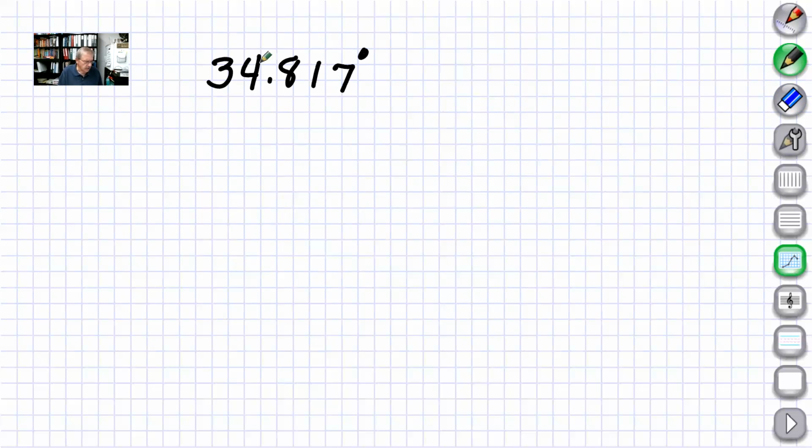So we're not going to do anything to the 34 degrees, okay? That's still going to be our 34 degrees. So now what we're going to try to do is convert over this 0.8167 to just minutes. So what we're going to do is take this 0.8167, and last time we were dividing by 60, so instead we're going to multiply by 60.